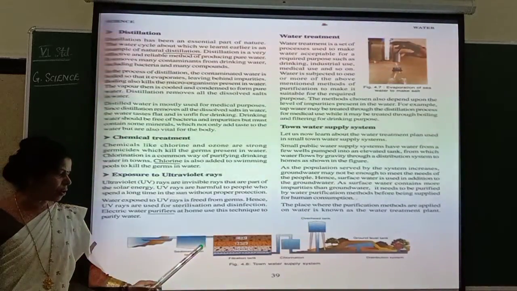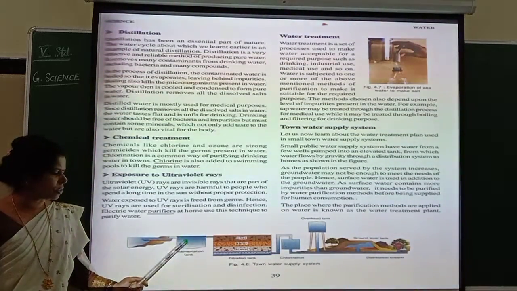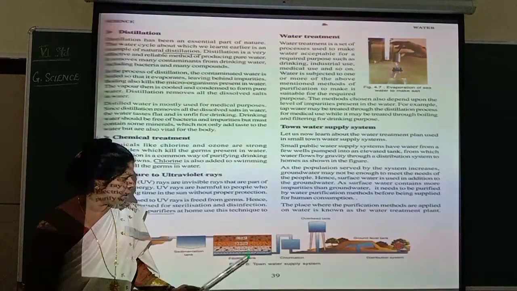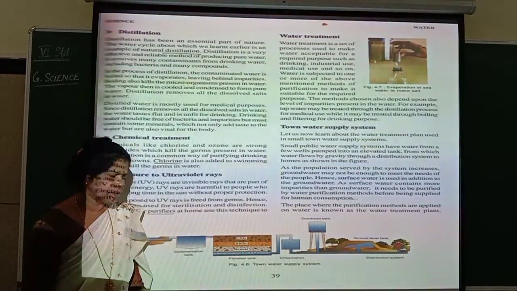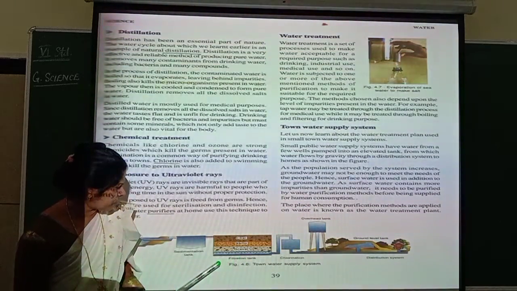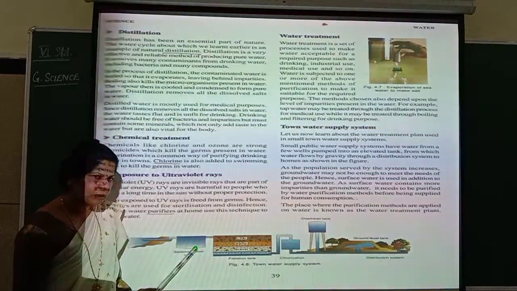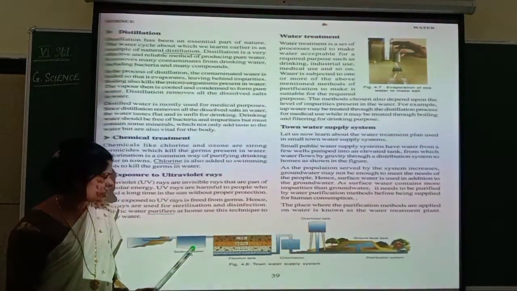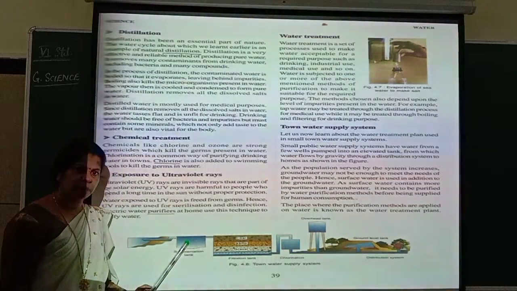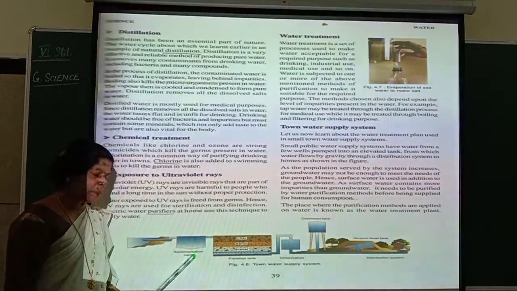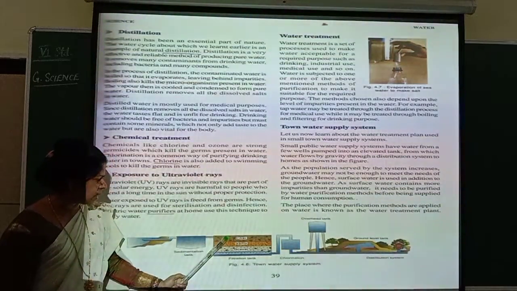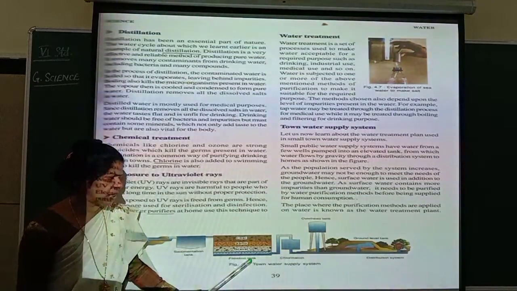The big impurities will get settled in the sediments, and the remaining water only will be passed on from the sedimentation tank to the filtration tank, with coal, sand and gravel.